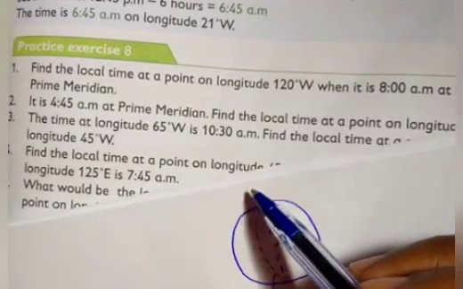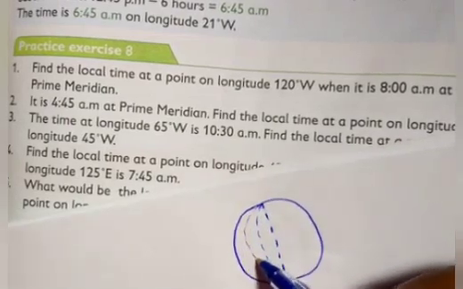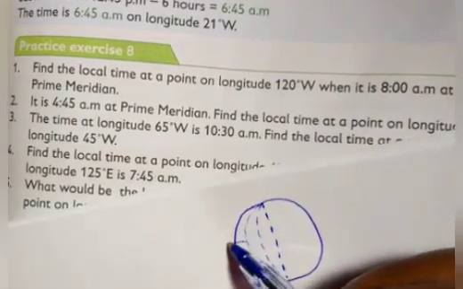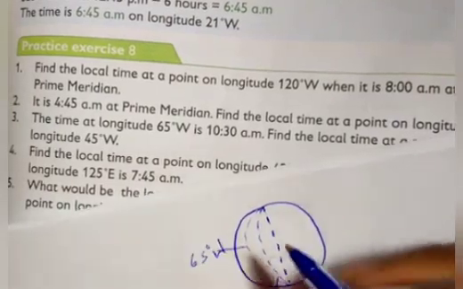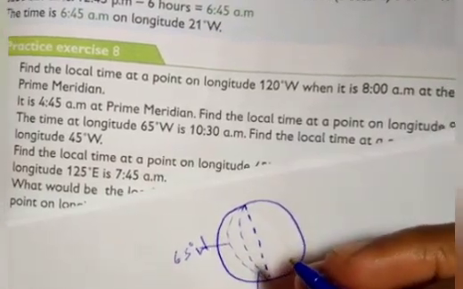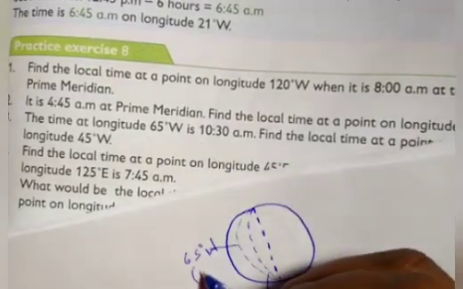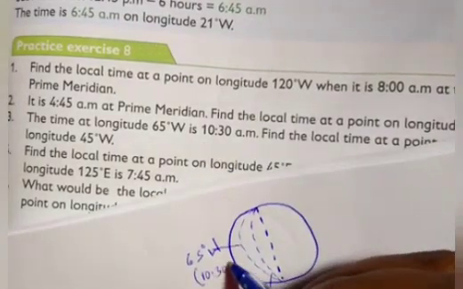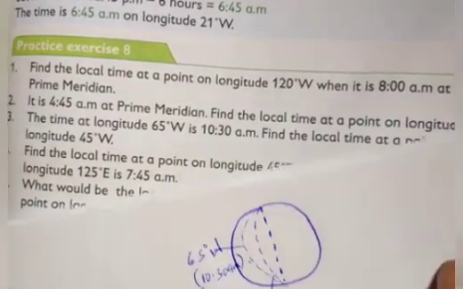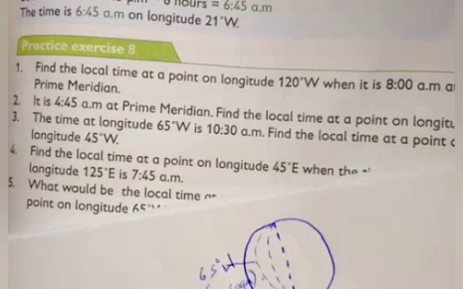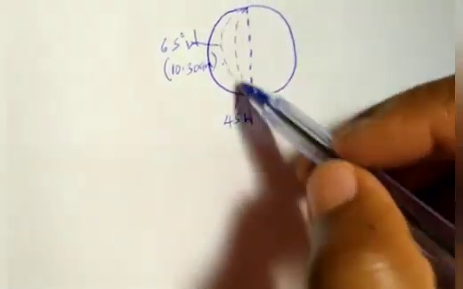And then we have another longitude which is at 65 degrees west of the prime meridian. And then we are told that at this longitude it's 10:30 a.m. and then we are supposed to find the local time at the point of this longitude.